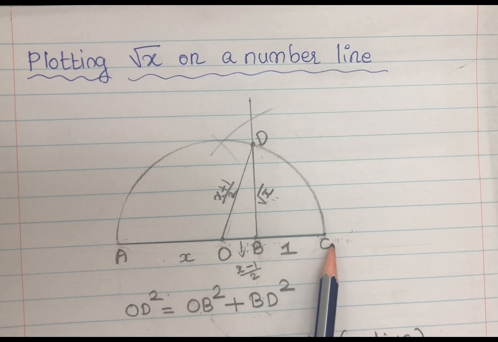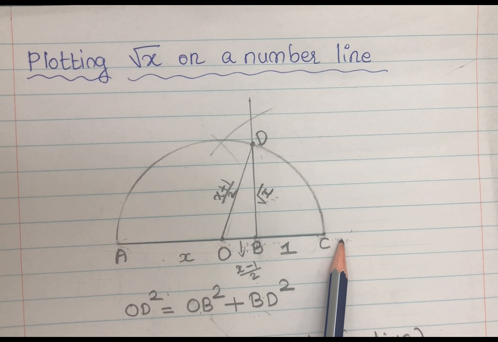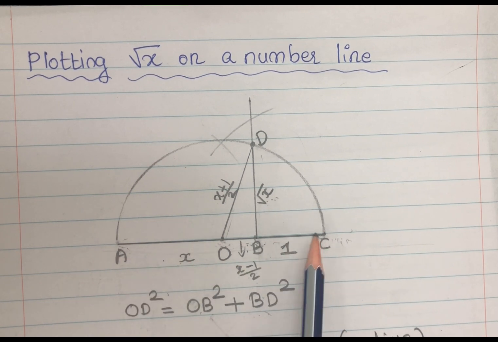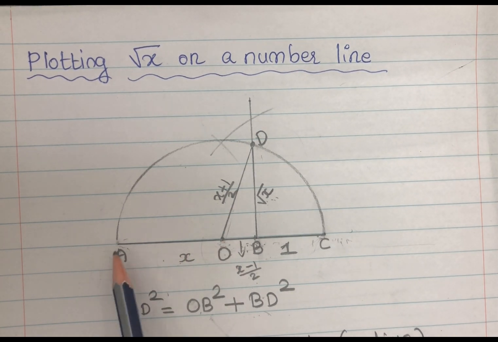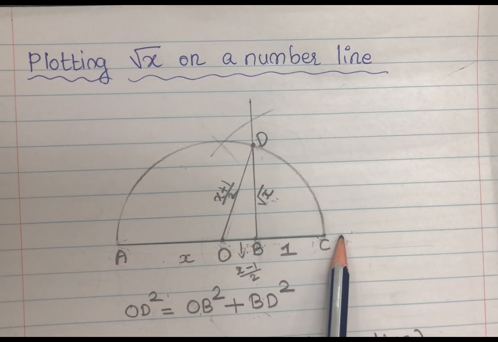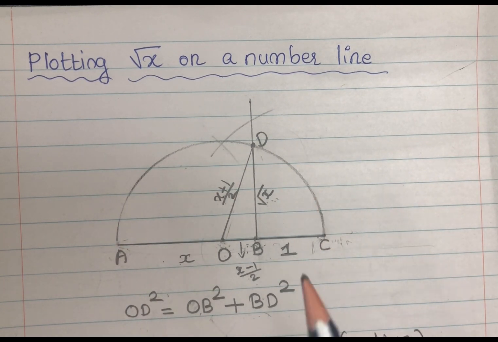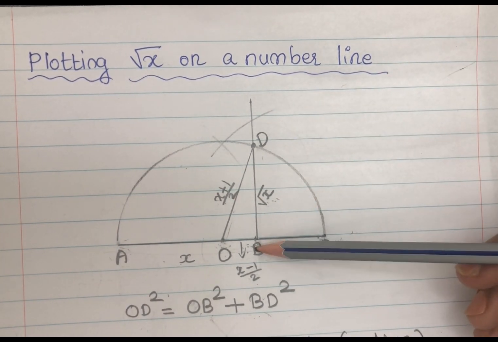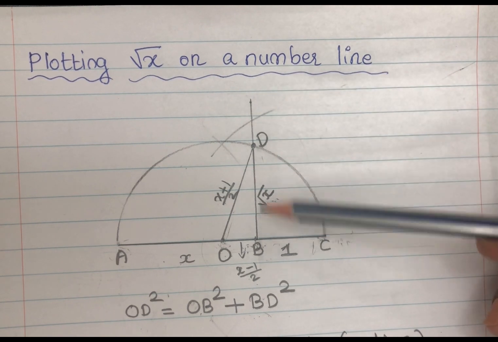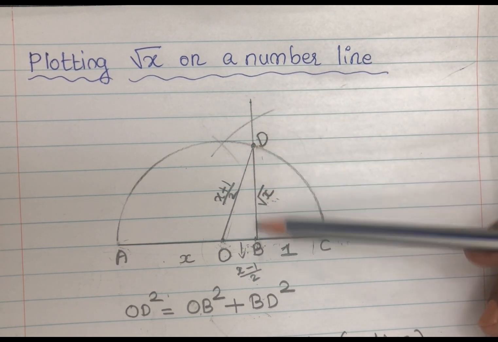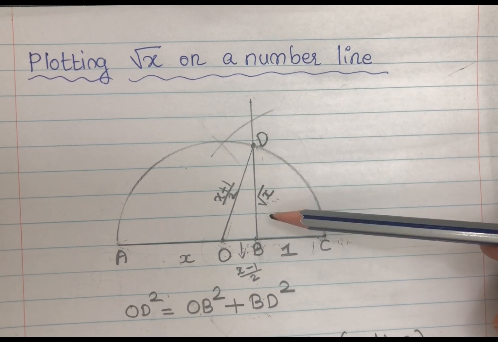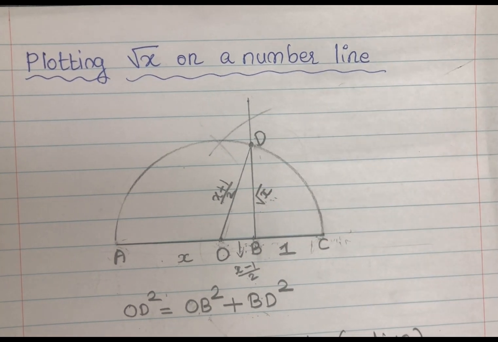Now we'll take AC as the diameter, and we'll find the midpoint of AC and mark it as O. With OA as a radius, draw a semicircle. Then from B, draw a perpendicular line which intersects the semicircle at D, and BD will be root x.